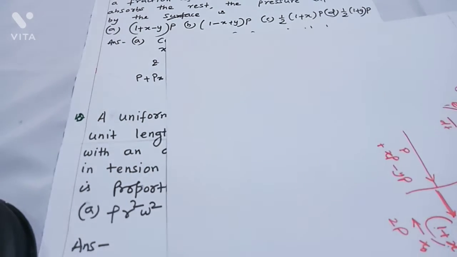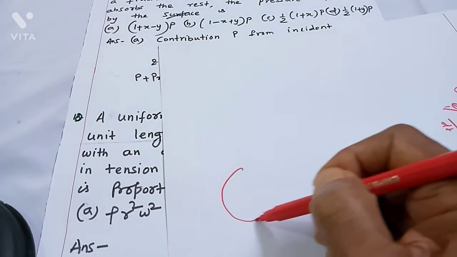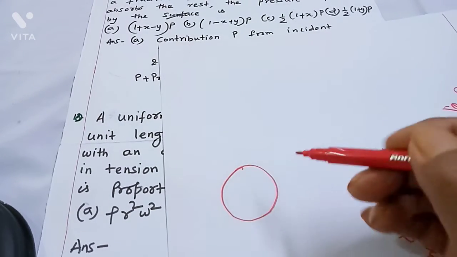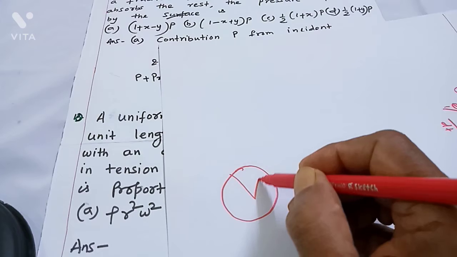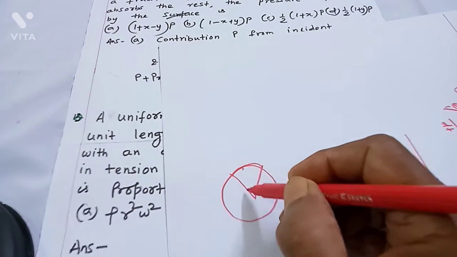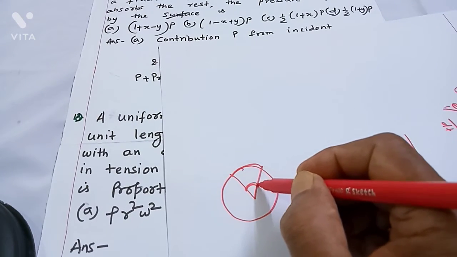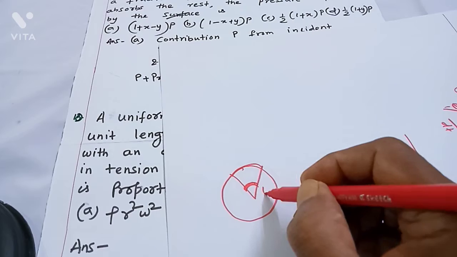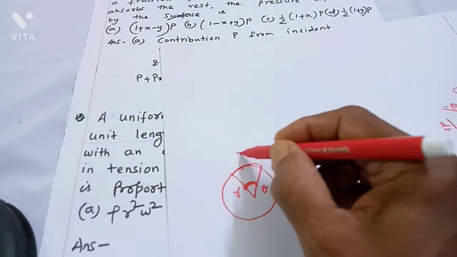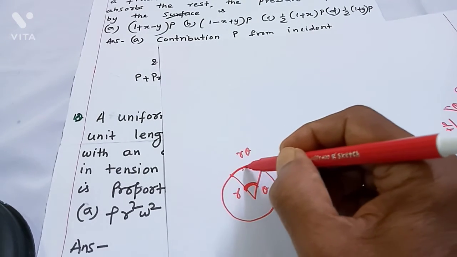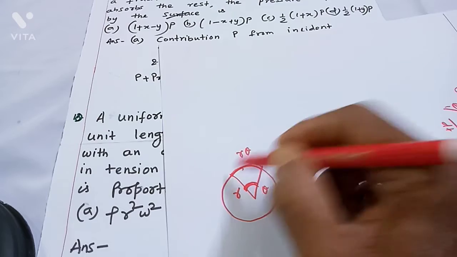Now let us consider the ring here and take an elemental length, say angular length is theta, so r theta is the length of the elemental part of the ring.